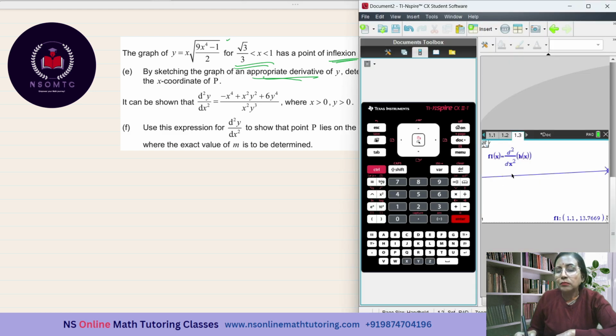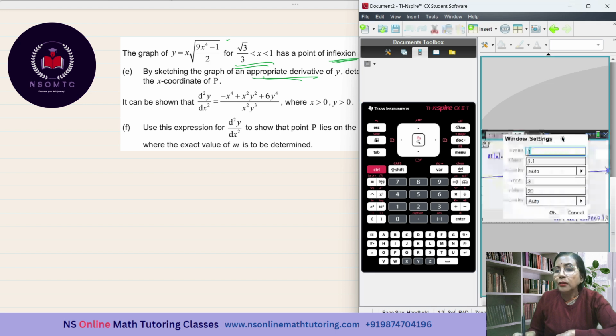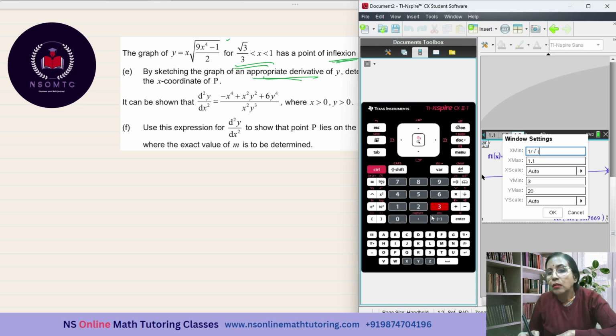So this is the second derivative's graph, and I am going to the menu and Windows settings, and I will be taking the x min as 1 divided by square root of 3. What happened? 1 divided by square root of 3. Okay. And the maximum value is 1.